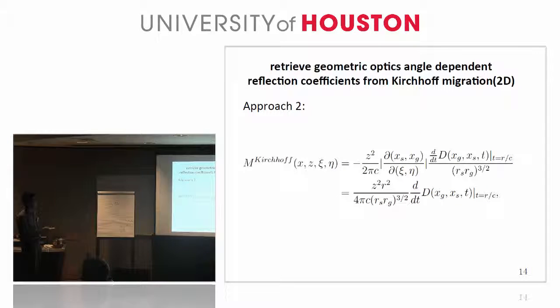And after that, we can take the integral of that formula to get a Kirchhoff image with incident angle. Here, this angle is the geometric optic incident angle. And this equation gives us a way to retrieve the geometric optic approximate angle-dependent reflection coefficient from Kirchhoff migration.